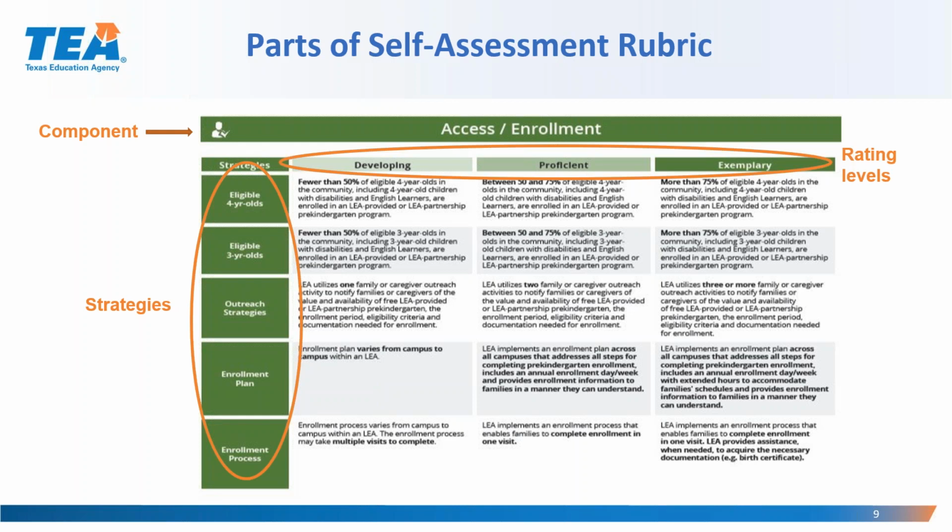There is also a rating level, and this quality rating level goes from developing to proficient to exemplary. Most LEAs hopefully will be graded as proficient when they are analyzing their data.